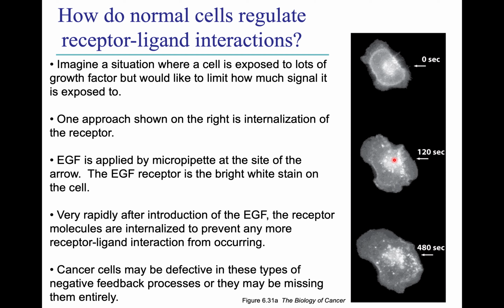So just sucks it in from the cell surface, endocytoses it into vesicles inside the cell. So it is no longer there to just keep receiving signal. And it's doing that because it doesn't want to receive too much signal. It wants to limit it, and that would be sort of the normal mechanism. So imagine if this particular mechanism was defective, right? The receptor just stays there, then maybe the cell does receive too much signal.